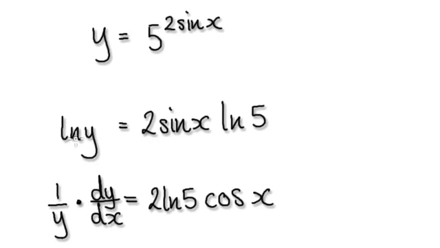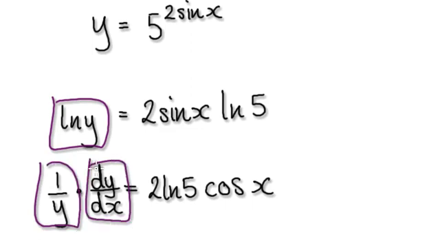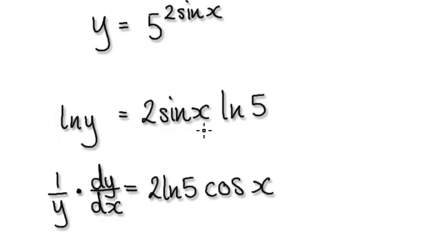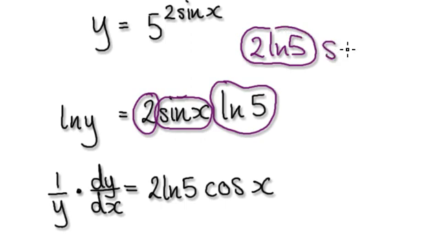Okay, and then differentiate this with respect to x. So on the left hand side it will be 1 over y times dy by dx, and on this side here, don't forget that this here is just a constant. This here changes. So you can think of this as 5 natural log of 2 natural log of 5, and then think of it as sine of x here.